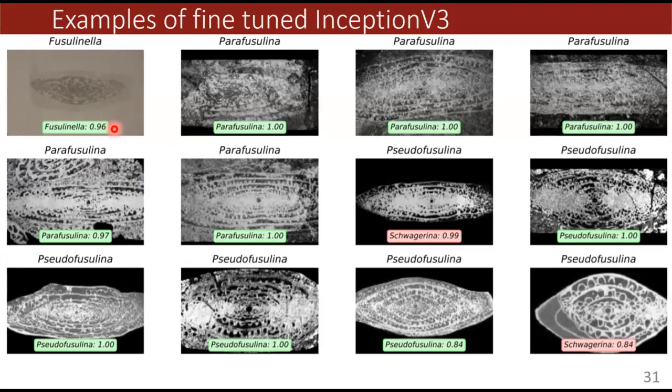And I'm saying class in the machine learning meaning and not in the biological meaning. So the box is green when they are the same. And we can see a lot of examples in which the model assigned a very high probability to the correct class. And the box is red when we have a wrong genus assigned by the model for that image.